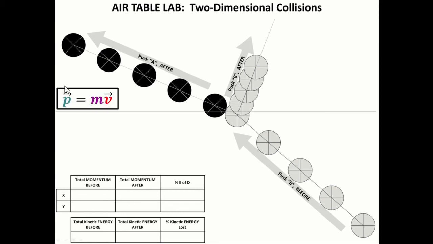So momentum is mass times velocity, and velocity is distance divided by time. Now we're going to do something funny here. We usually always want to stick with MKS units, meters, kilograms, and seconds.